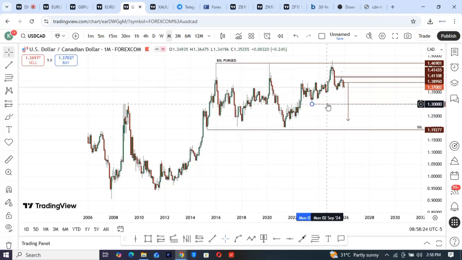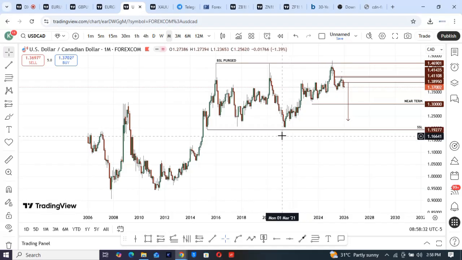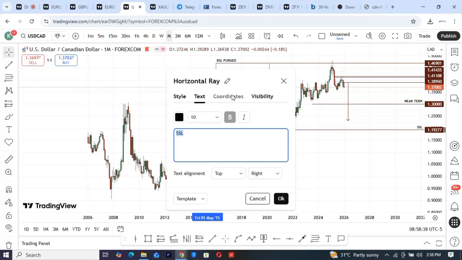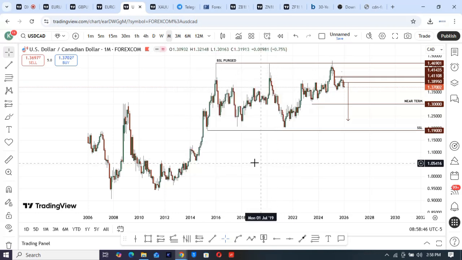That's our near term, while the overall term will be at 1.90 big figure. I'm just making use of 1.9, if you're making use of a big figure, key levels 1.90 big figure.